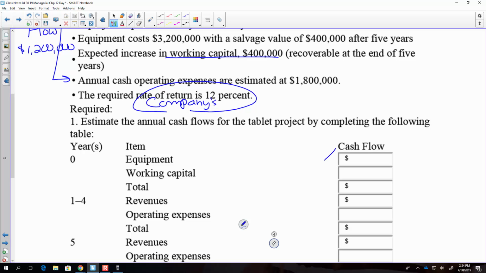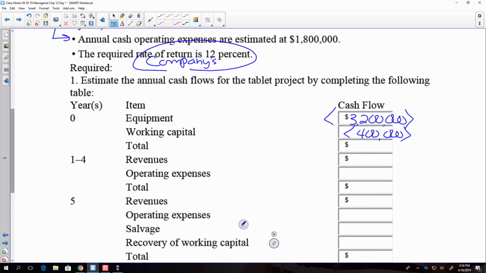So I am spending that money in year 0. Obviously in year 0 the total is $3,600,000. That's what I'm spending on this project.